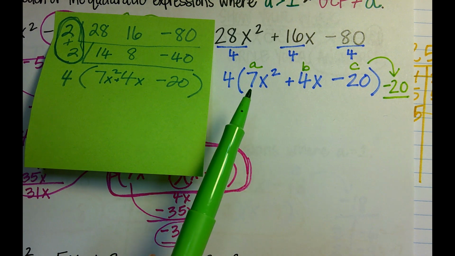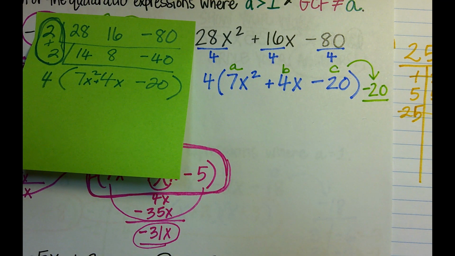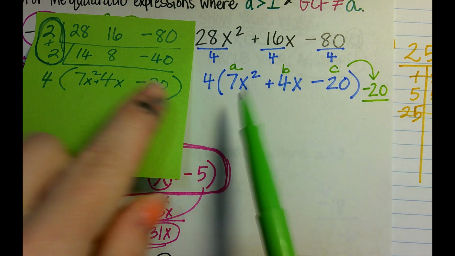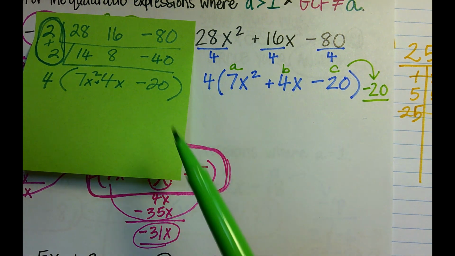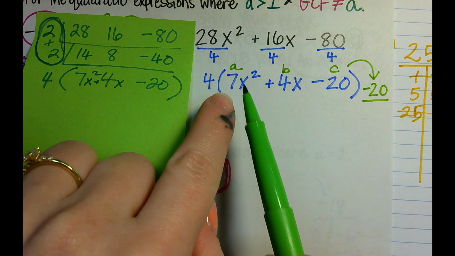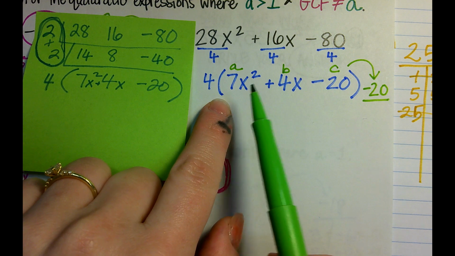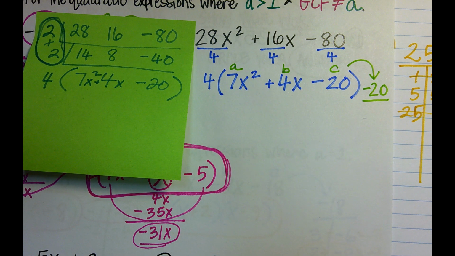Now, because A is greater than 1, and we cannot reduce it, what do we know about A and our factor pair answer? What am I going to do with 7? So we put a number outside when we divide it, but since we can't divide it, we're going to include it, right?